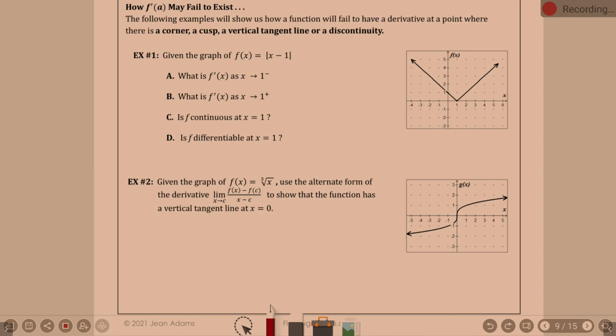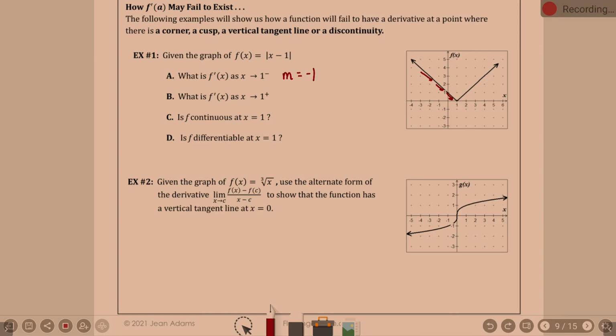So what am I saying here? As we approach 1 from the left, what is the derivative? Negative 1. Because when I say what is the derivative, I'm asking what is the slope. Good. I purposely didn't say that word, but you guys got it.